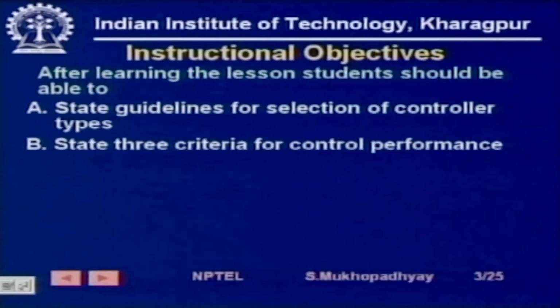So, the student should be able to select one of these types. Now, once he selects one of these types, he or she should be able to assign the various parameters in that controller, like gains, integral times, derivative times, etc. In this lesson we are going to look at various methods of doing that, and all of them will affect control performance in various ways.